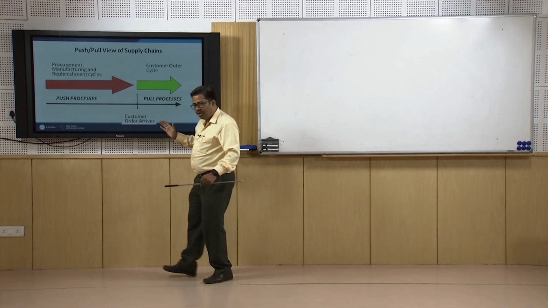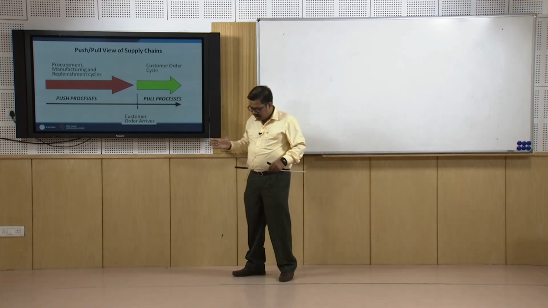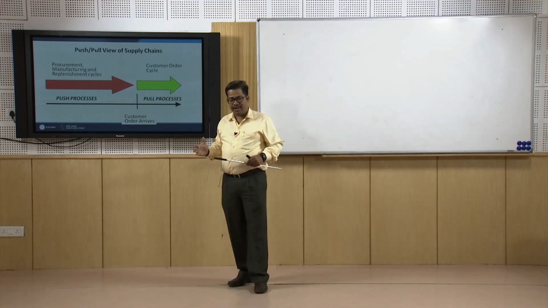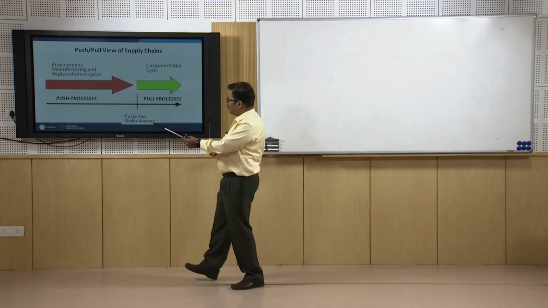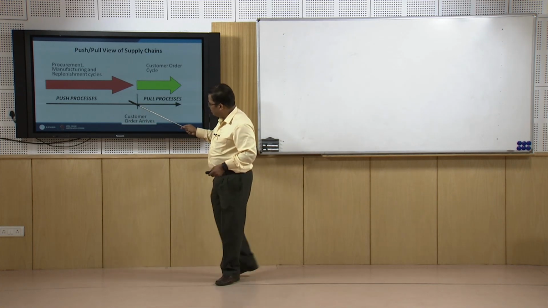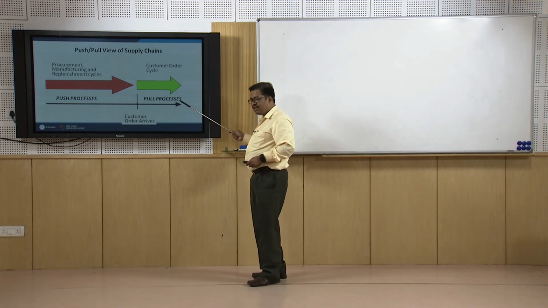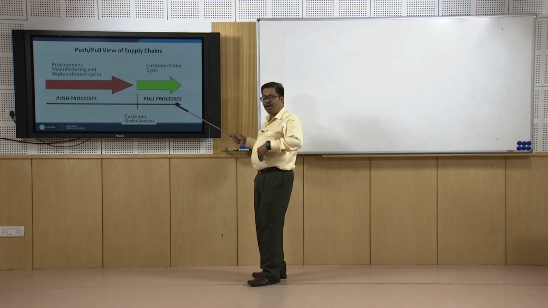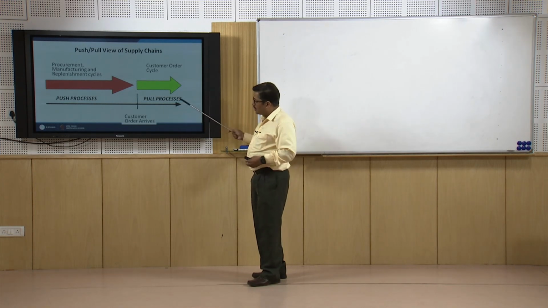But normally you will find that in all supply chains there are a few processes which are done in anticipation, so these are push processes, and there are a few processes which are done once the order has come, so these are pull processes.